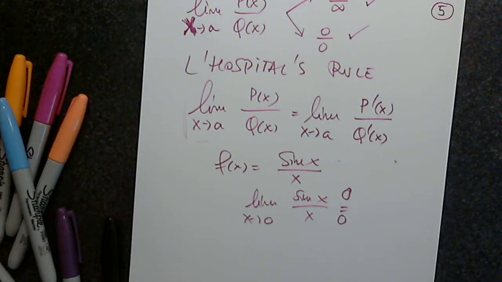Okay, second table. And I want to determine this limit as x approaches 0 from either side. Let's say 0.1. Let's say negative 0.1. Let's say positive 0.001. Let's say negative 0.00000001. And now look at the graph.